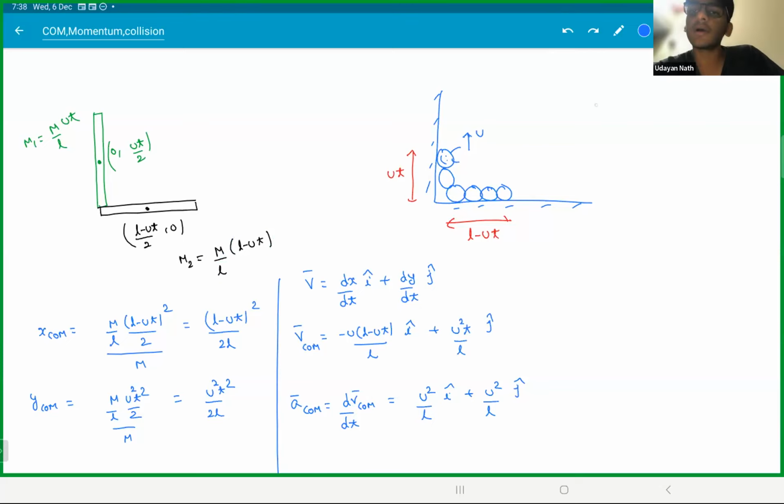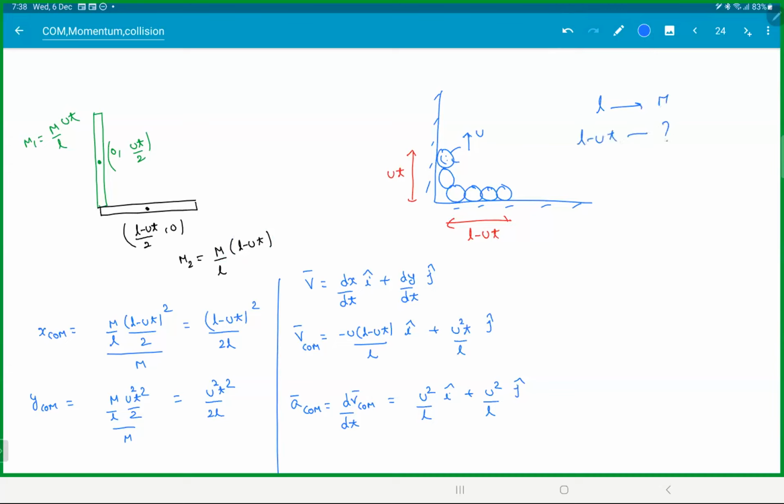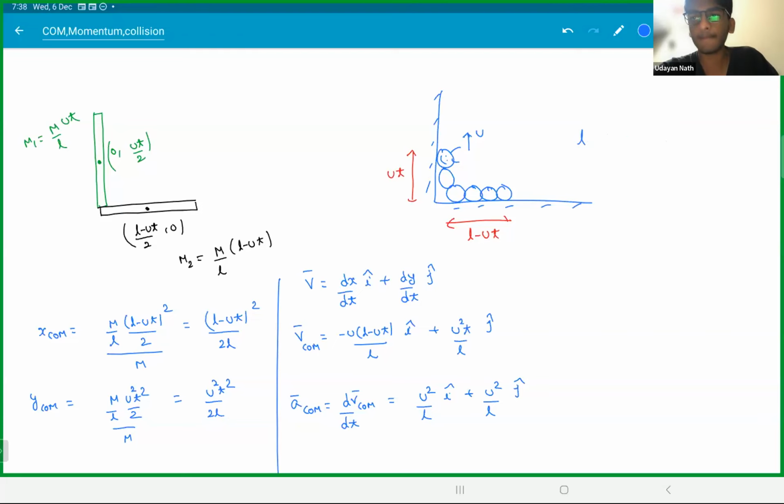Unitary method: for length L the mass is m, so for length L minus ut how much mass will there be? But get used to these things: total mass by total length into the length of this piece. Don't forget, that is a very common thing that will come a lot of times. Net force would be F equals ma.